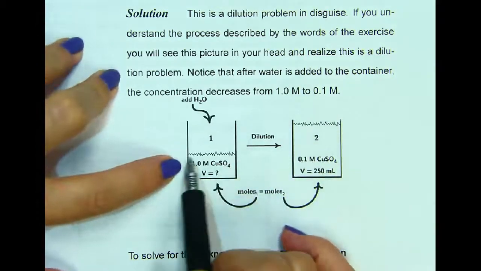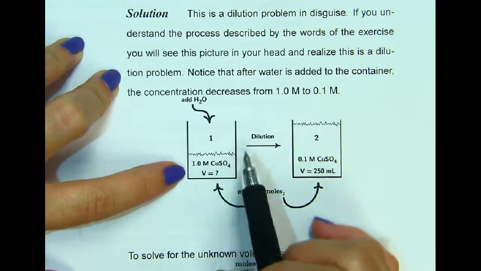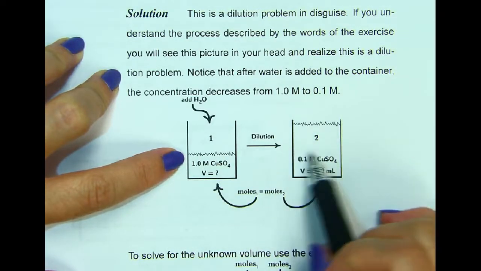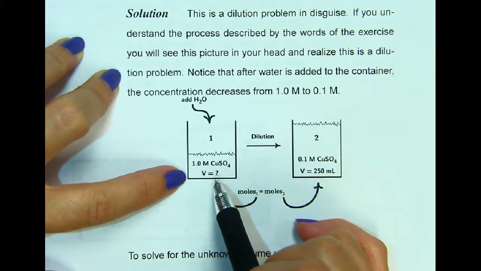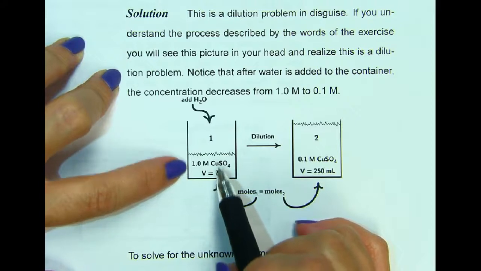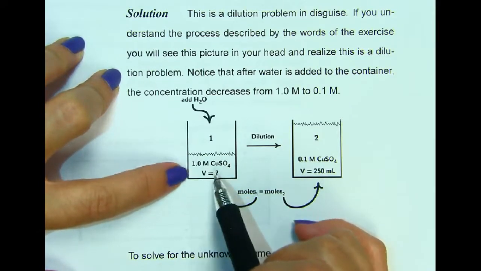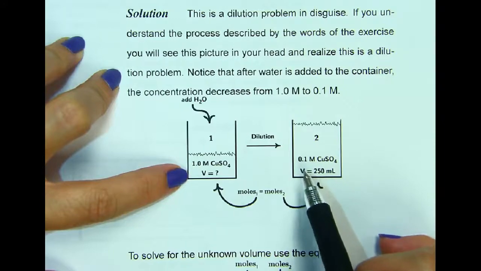So if we have this original amount of 1 molar copper sulfate and then we dilute it with water to 250 milliliters, it becomes 0.1 molar. So what could that original volume have been? And we already solved the problem. This is 25 milliliters worth in order to have this concentration, and then when we added 225 more milliliters worth of water, it diluted it to a 0.1 molar concentration.